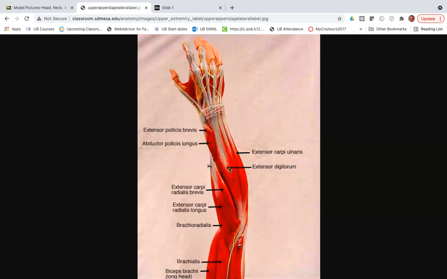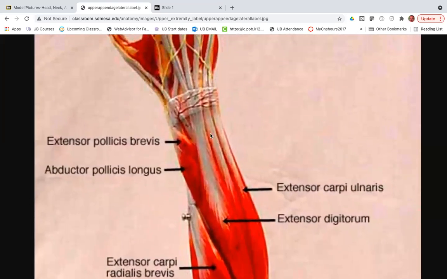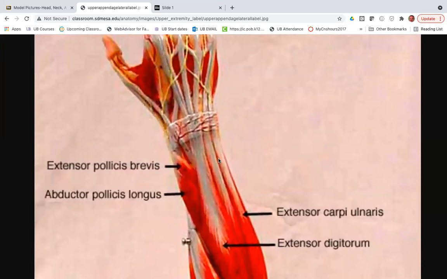Now we have an extensor digitorum. Let me zoom in on it. Here's the extensor digitorum. If we follow it, it runs deep to this ligament. Well, let's think back. What ligament did we have on the anterior wrist? It had a few names.